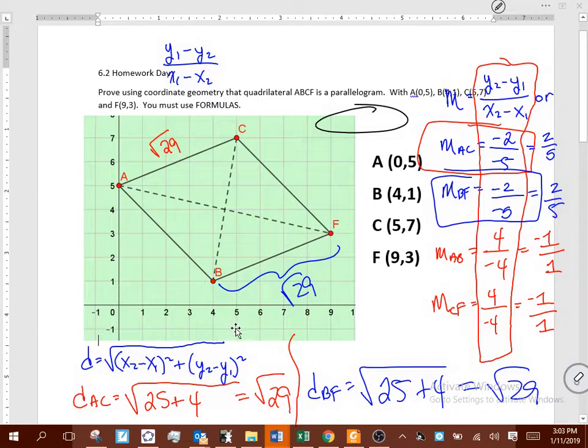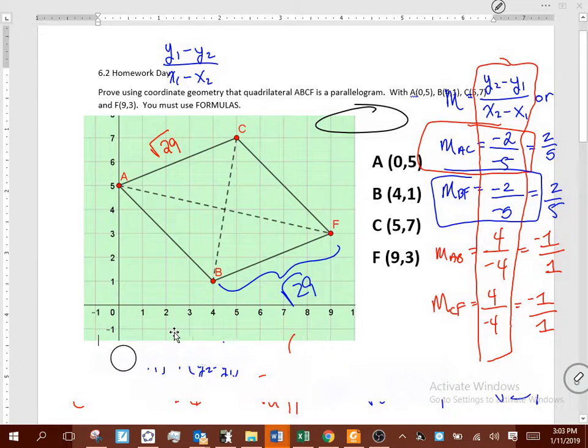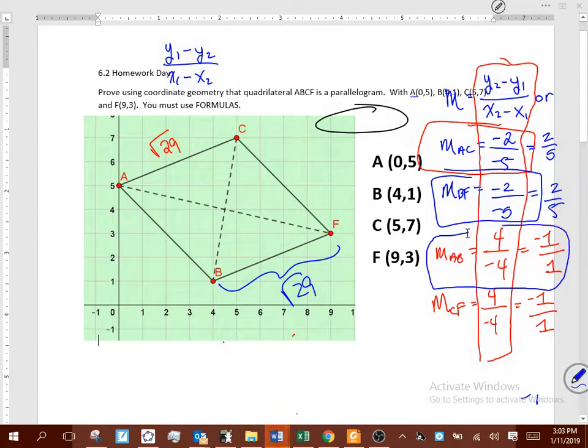Let's go and look at the distance for A to B. When I did slope AB, we did that slope right there. When I did y2 minus y1, what number did that give directly? It gave 4, right?